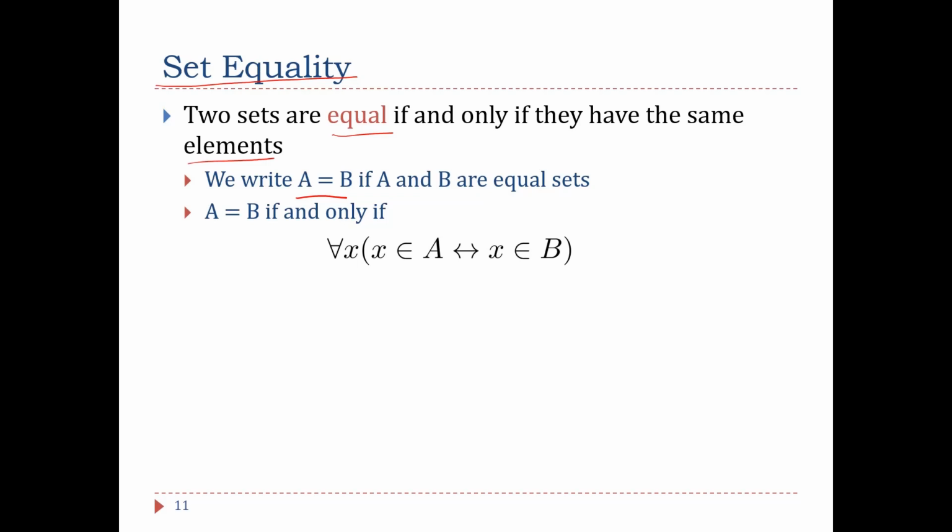Logically speaking, this means that for every element X in the domain U that we have currently under consideration, if X belongs to A, then necessarily X must belong to B, and vice versa.